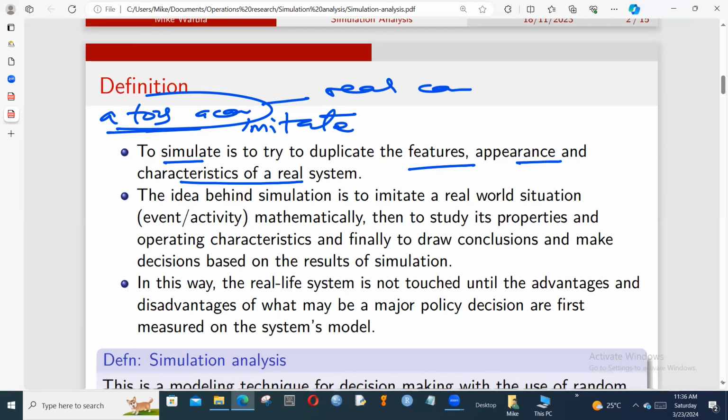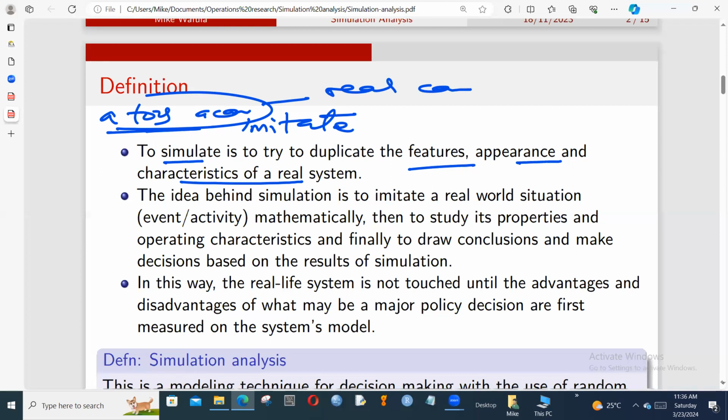And so in this case, we want to mimic a real life, maybe business problem, particularly if it's a business that you want to venture in or an investment you want to venture in. So through simulation, you want to mimic it and try to assess its viability prior to actually making a decision to venture into it.